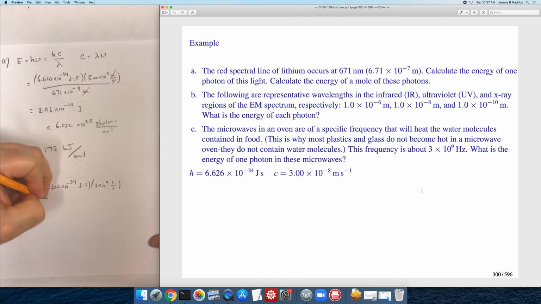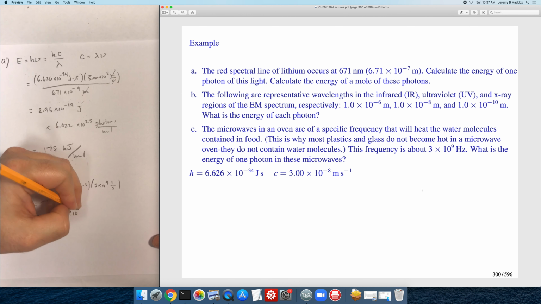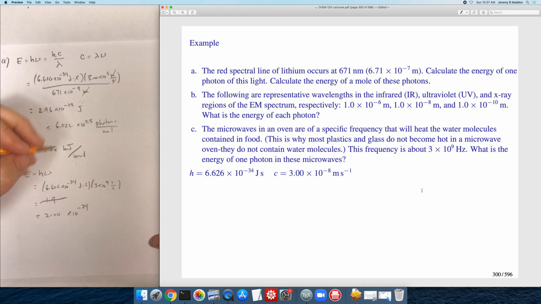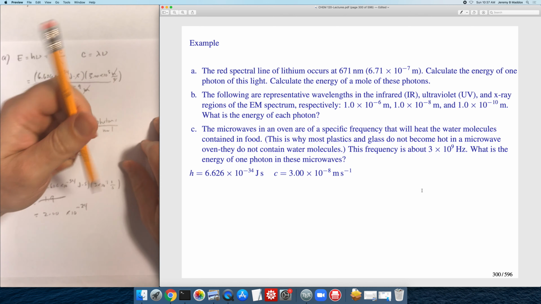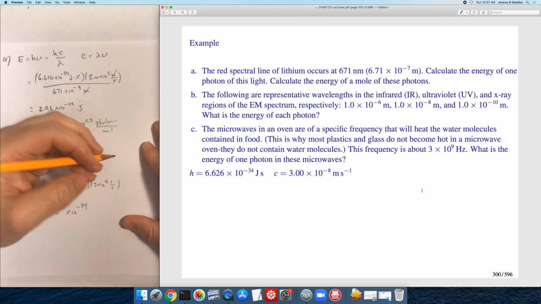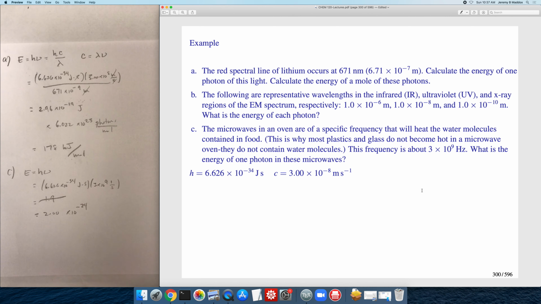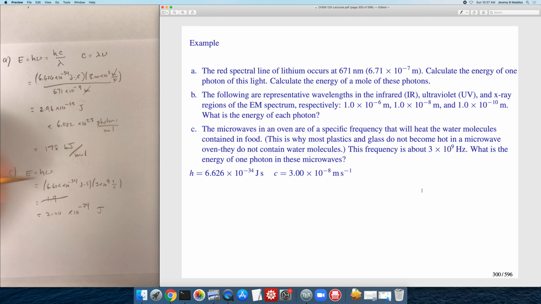And so we're getting 1.9, we'll just round it up to 2.00, times 10 to the minus 24. No, I made an error here. Oh no, that's the correct frequency. So I got 2 times 10 to the minus 24. That would be units of joules. So you want to be able to calculate the energy of a photon from both the wavelength and the frequency of light.